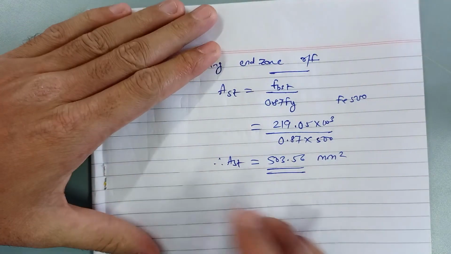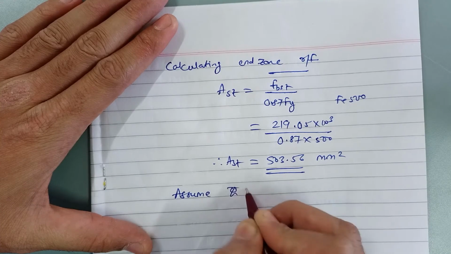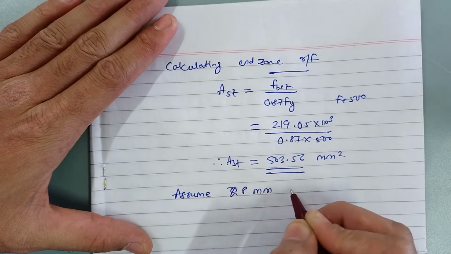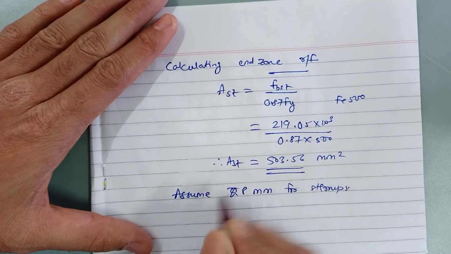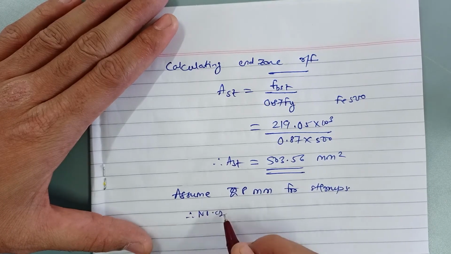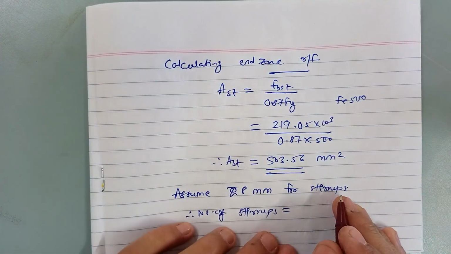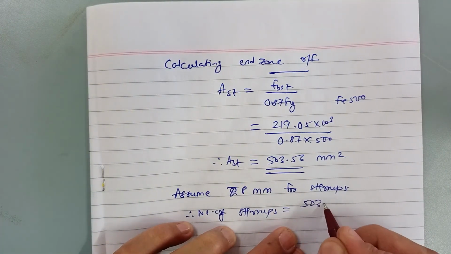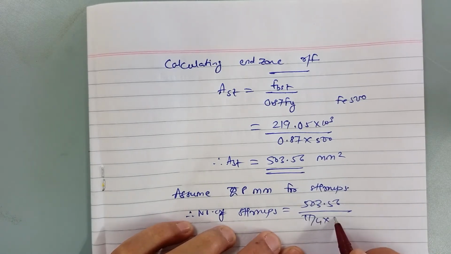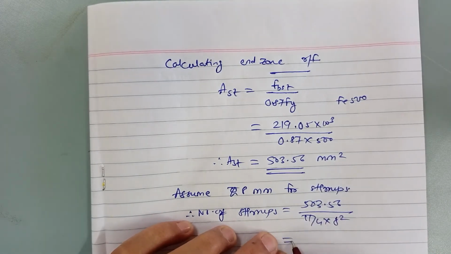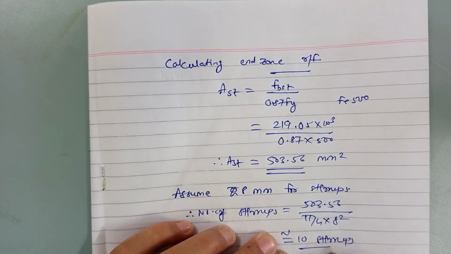Now assume 8 mm torque steel for stirrups. Therefore, number of stirrups will be total area of steel required divided by area of single bar, that is approximately 10 stirrups.